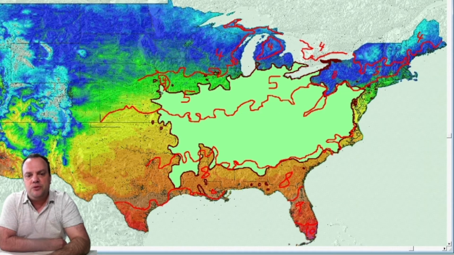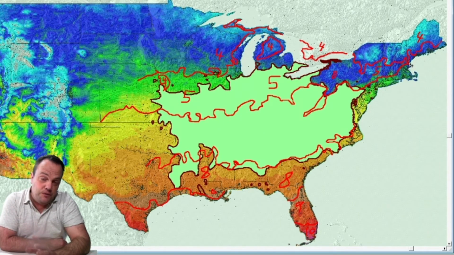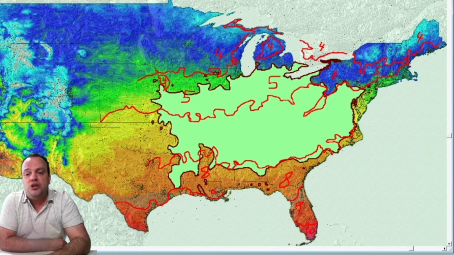It's almost up to Zone 4 over here, and right down in the middle of Zone 5 here. When you get over on the east coast, once again Zone 5, Zone 4, and Zone 6 swings northwards. And if you've driven through that area, you'll notice that there's no obvious reason why the native range for pawpaws should cut off in this area.